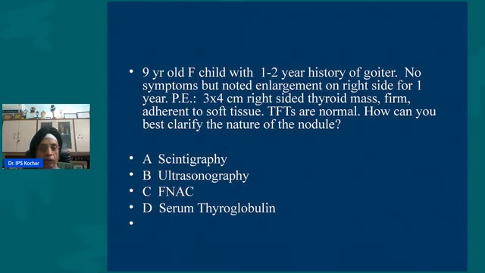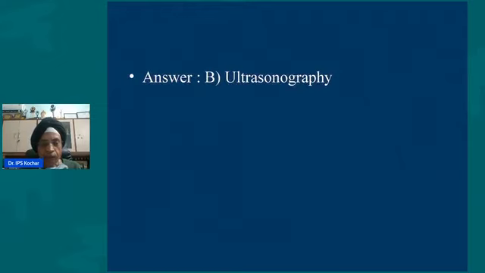The best answer would be the ultrasonography, to find out the nature of the nodule. We are not yet talking about whether it is malignant or benign. Initially you want to know whether it is cystic, colloid or solid. So basically the answer would be ultrasound.